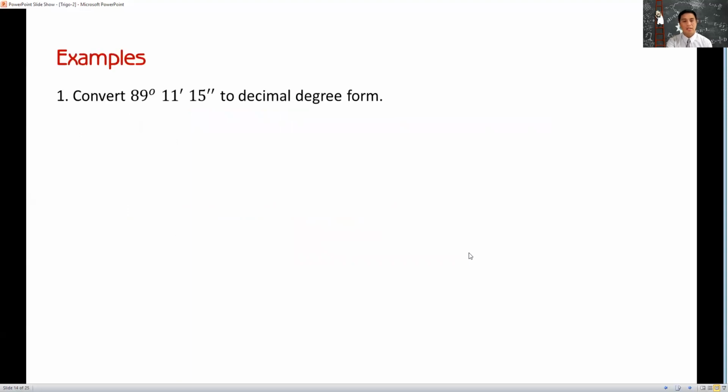Example: convert 89 degrees, 11 minutes, 15 seconds to decimal degree form. Our solution is we convert the minutes to degrees and the seconds to degrees. You have to convert all the other parts into degree form. This is already in degrees, 89, so leave it.